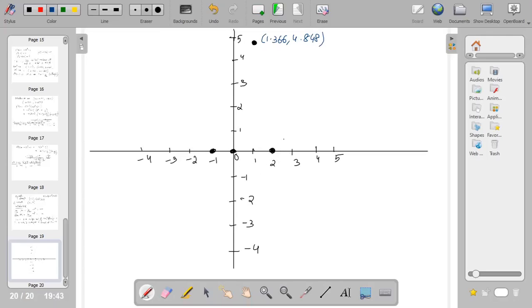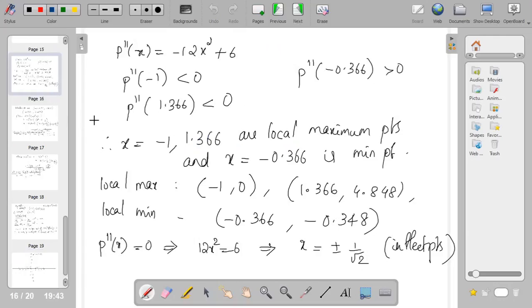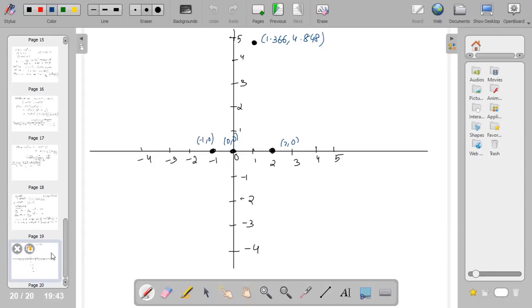So this is 2, 0, and the next point is -0.366 and -0.348.